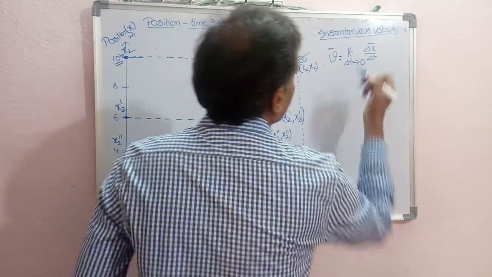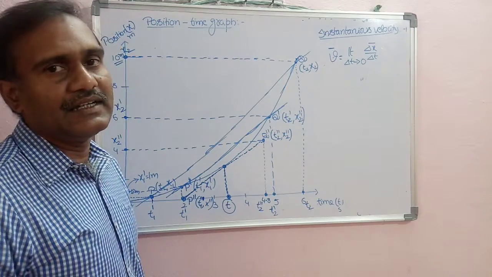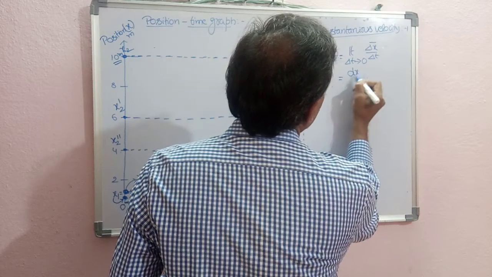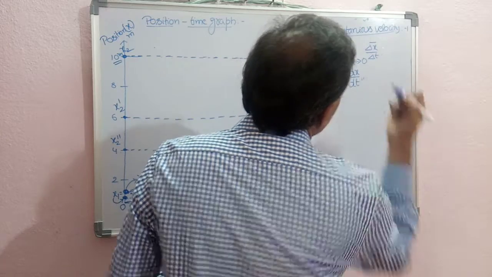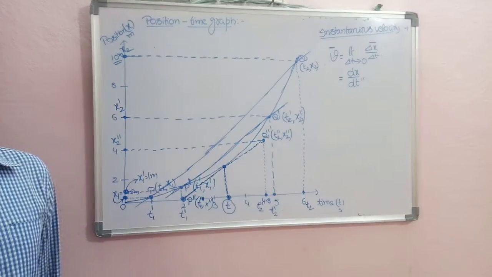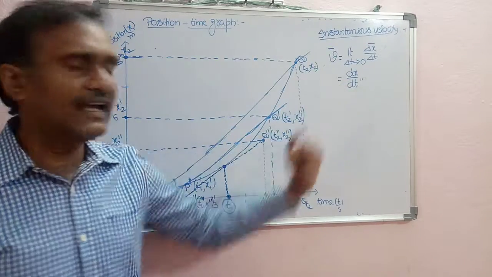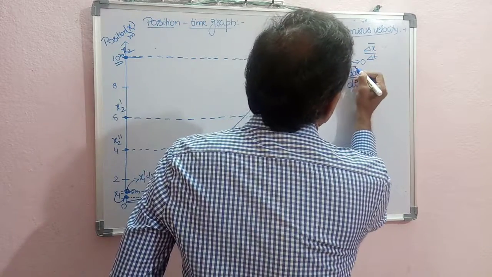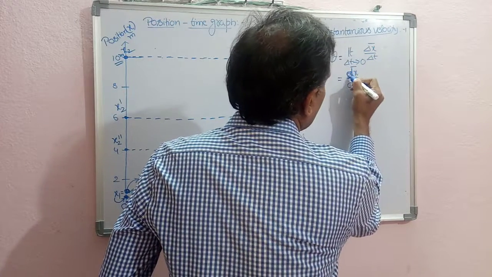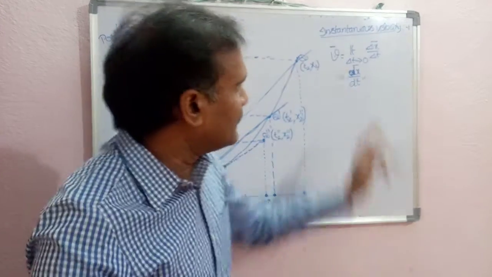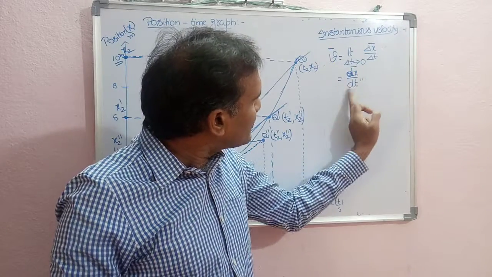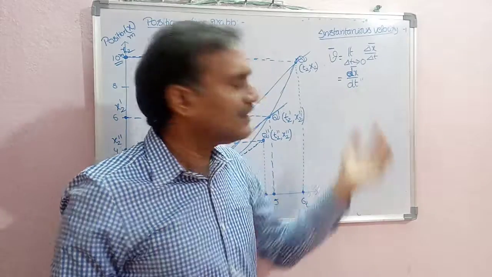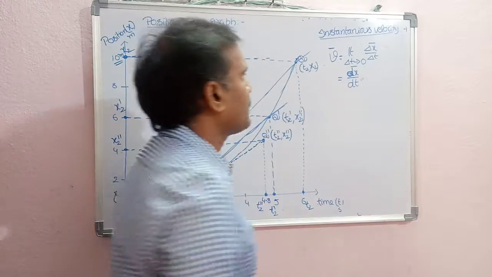V bar is equal to limit delta t tends to 0, delta x divided by delta t, or it can be represented as dx by dt. We will observe this differentiation a little later. That is differentiation of x with respect to time.